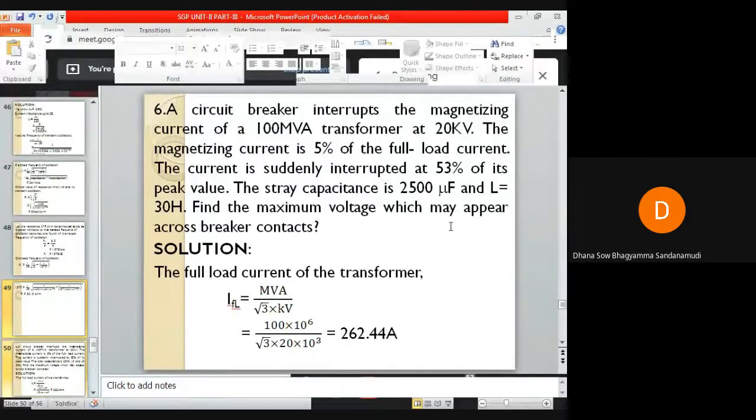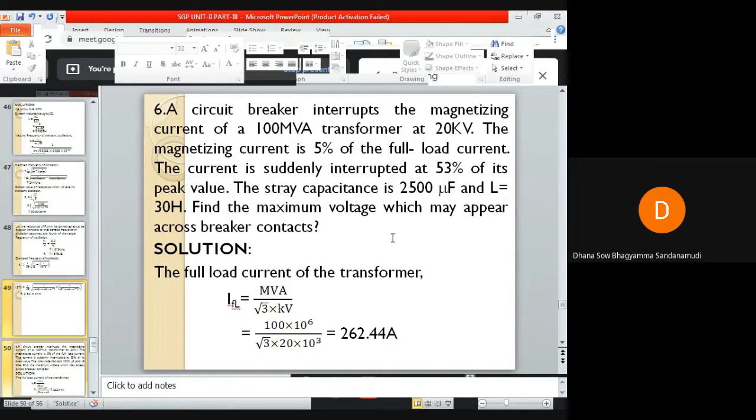Next problem. A circuit breaker interrupts the magnetizing current. Circuit breaker interrupting magnetizing current means it is a low current.